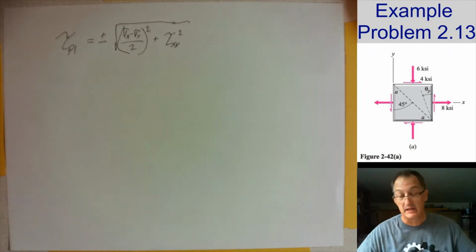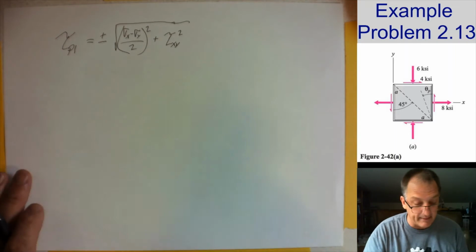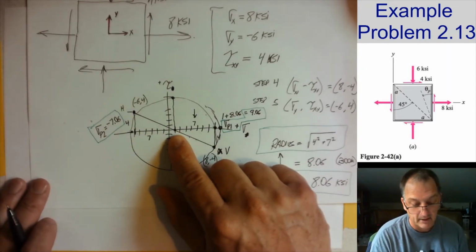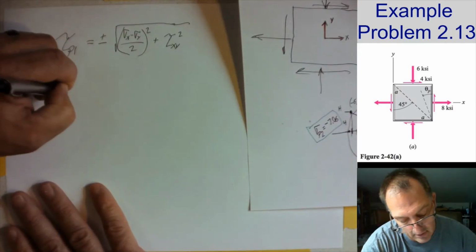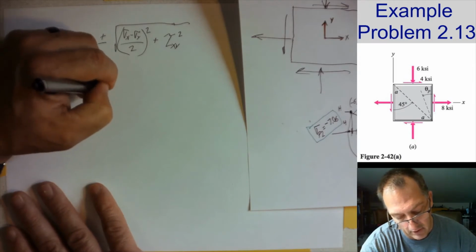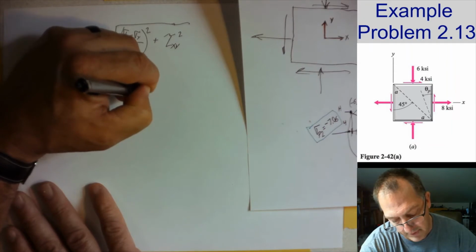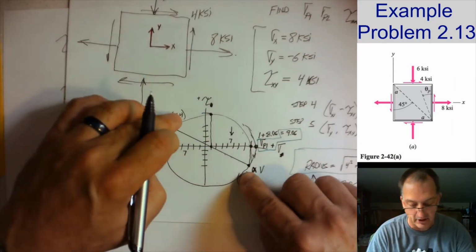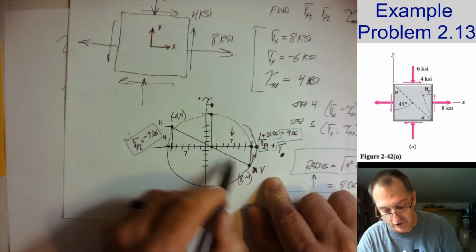I know I've worked a lot of these problems. It can be a little confusing. So once I've got my radius, I need to know where my center point is. My center point always has 0 shear for P1 and P2. I know that. And the center is going to be at the average of those two.